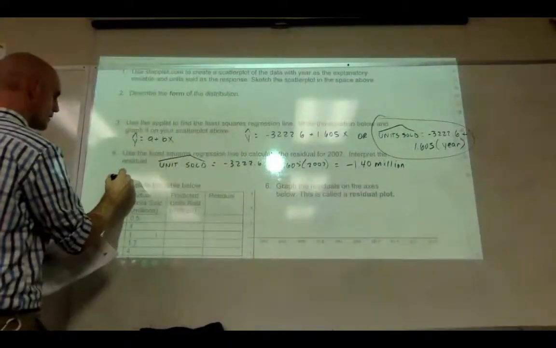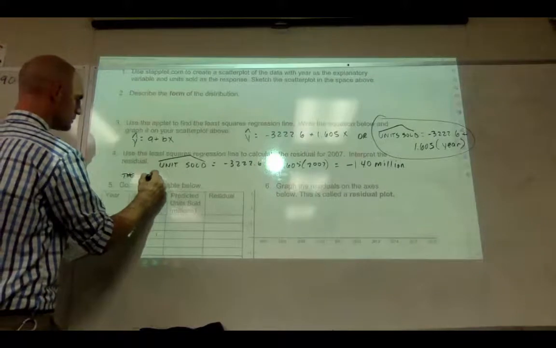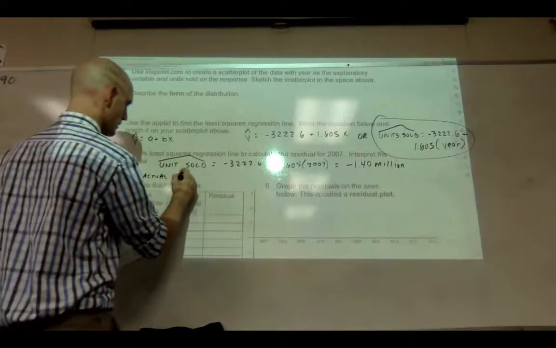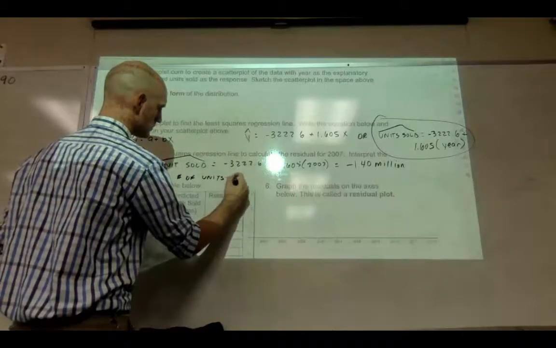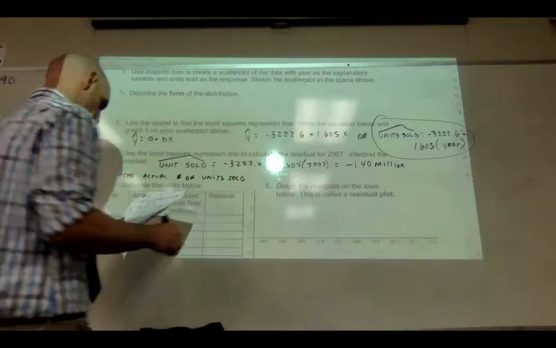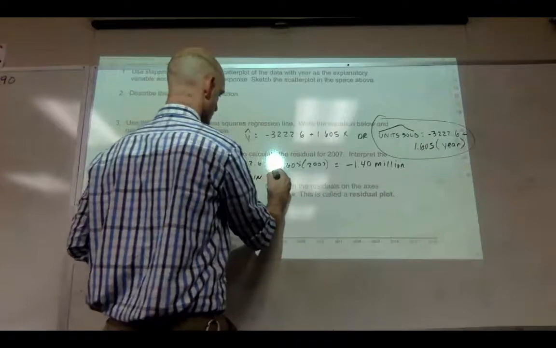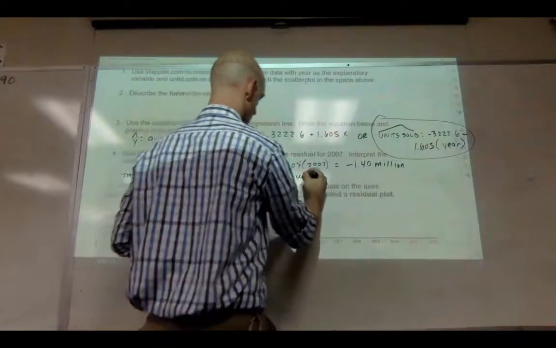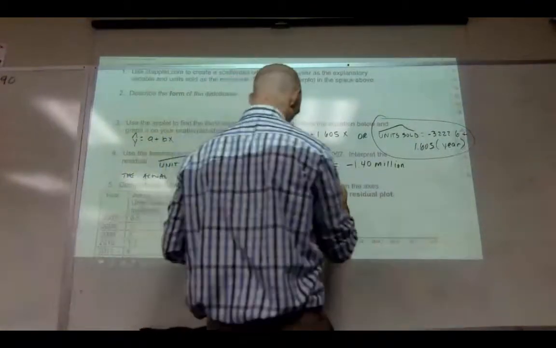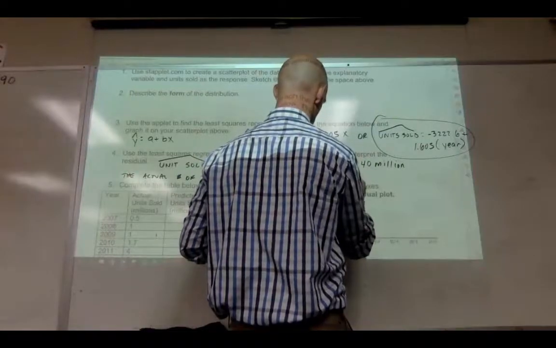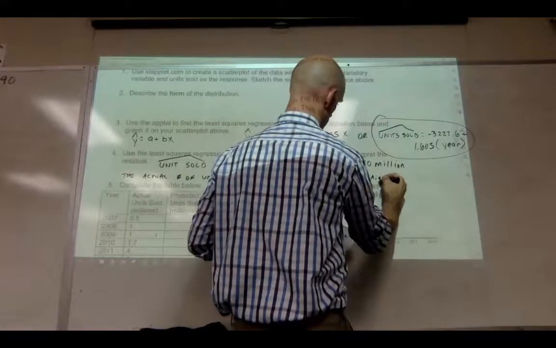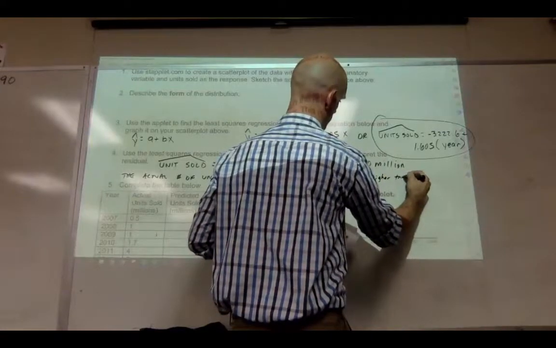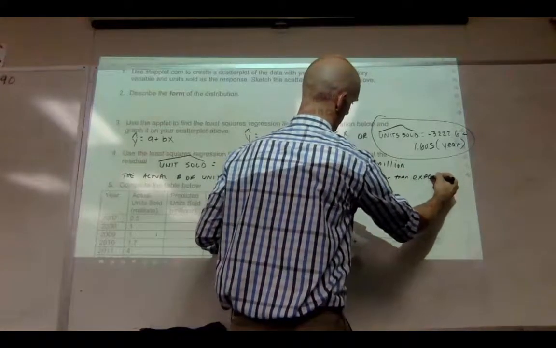Okay, and so let's interpret it. The actual number of units sold in 2007 was 1.9 million higher than expected.